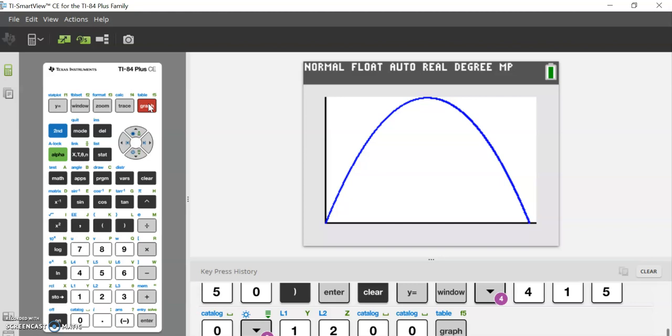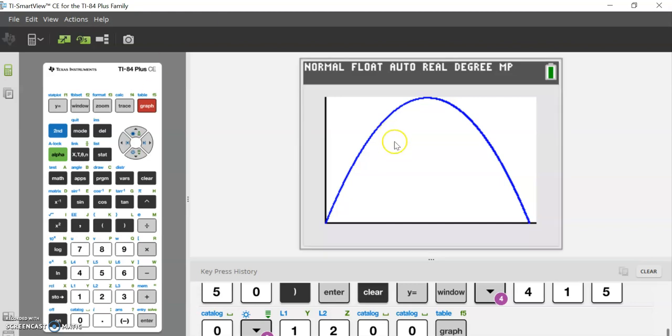What that means is that if at time 0 I'm at 0, and at 31.2 whatever seconds I'm back at the ground, then your parabola is at its peak at exactly half of the time it took to get back to the ground.